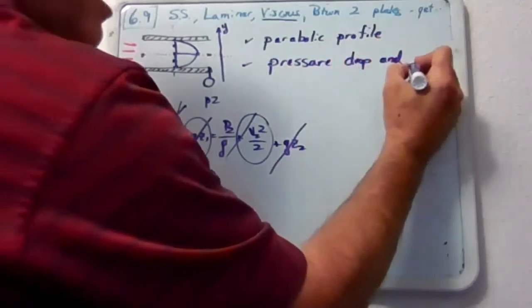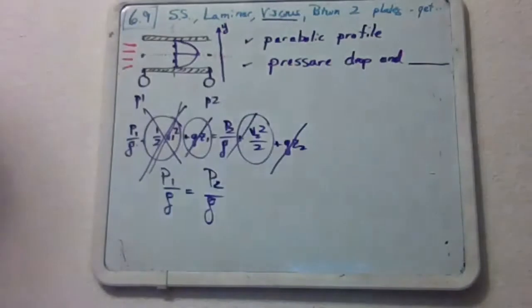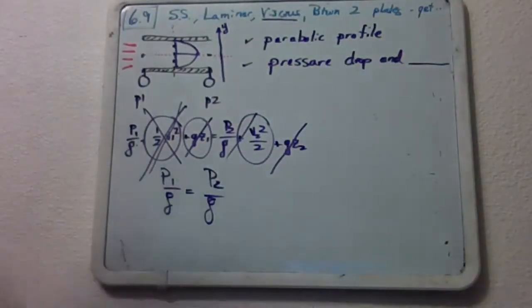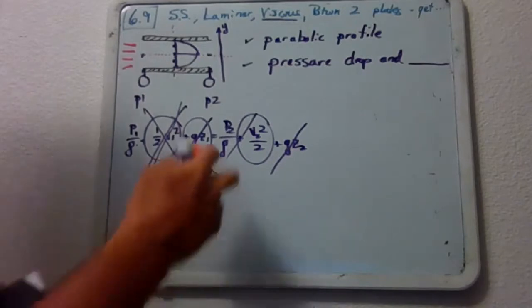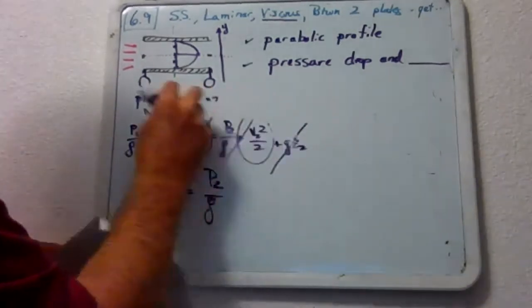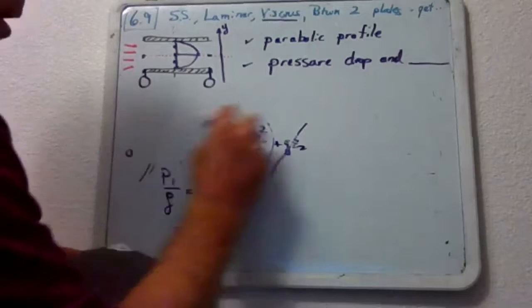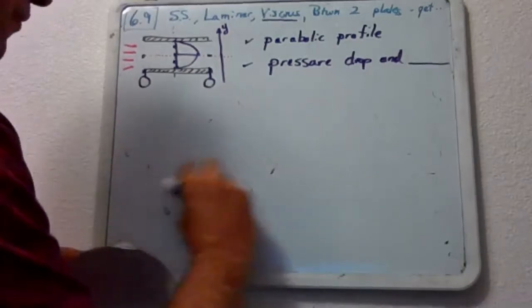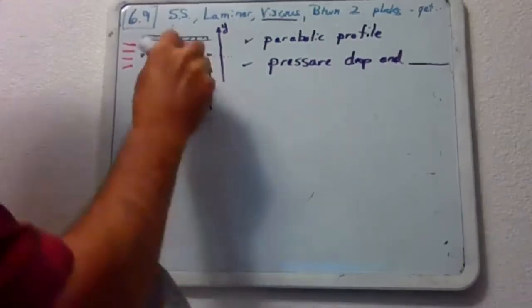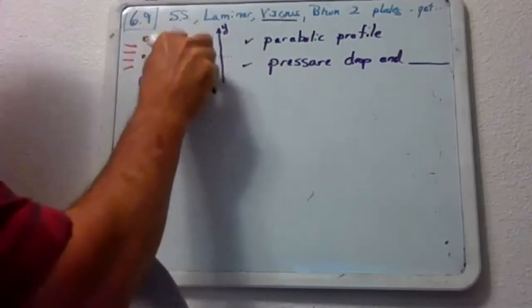There's one more thing that I'd like you to be able to understand conceptually. To work on understanding what's going on there, I'd like you to do a drawing of an element of fluid that's in there.